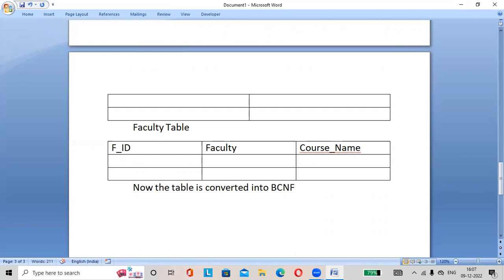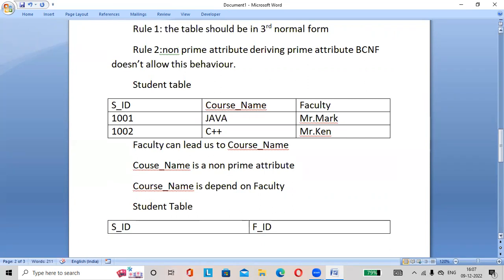Is it clear, ma'am? What is the meaning of BCNF? Rules of BCNF? Yes, understood. Okay. What are the rules of BCNF? First rule is, it should be in third normal form. First the table should be in third normal form.